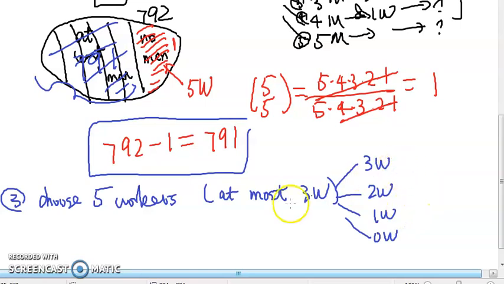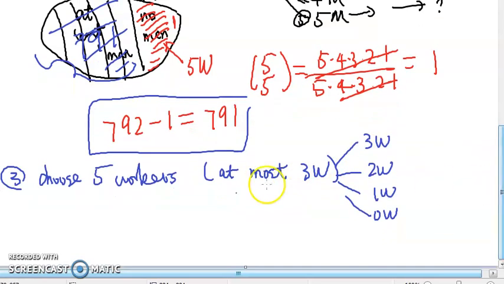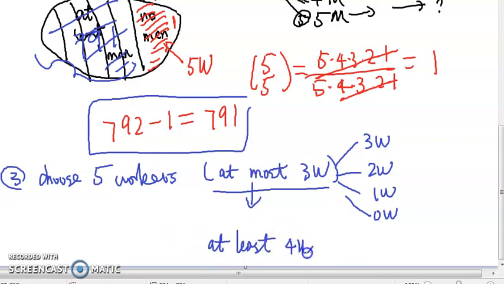Well, if we do the opposite, in this case the opposite of at most 3 women means at least 4 women. So the opposite might be a little bit easier. So at least 4 women.